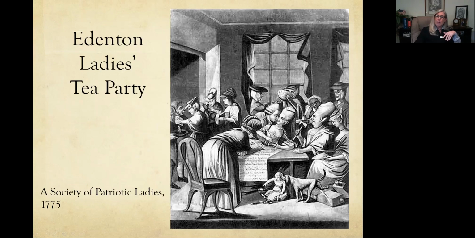You've got an enslaved woman back here who is participating as well. If this is talking about the Carolinas, most likely this woman would not have been a free African living in the colonies. Most likely she would have been an enslaved woman interacting with these white women.